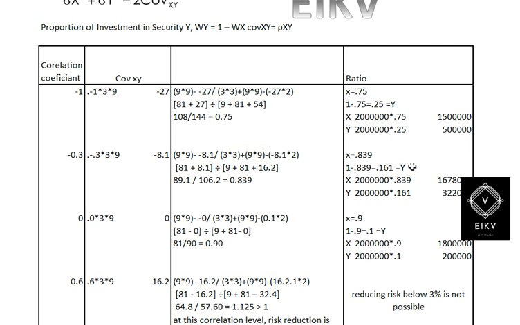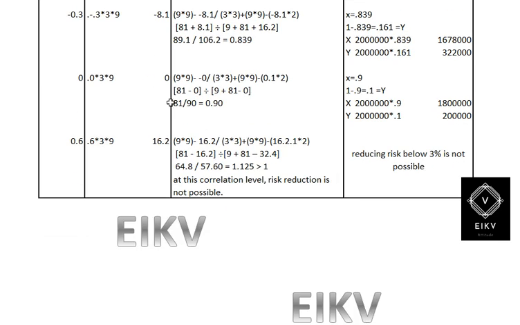So 1 minus 0.839 will give you 0.161. Therefore the proportion would be 20 lakhs into 0.839, which is 16 lakh 78,000, and the remaining balance of 3 lakh 22,000 would be the proportion of security Y.